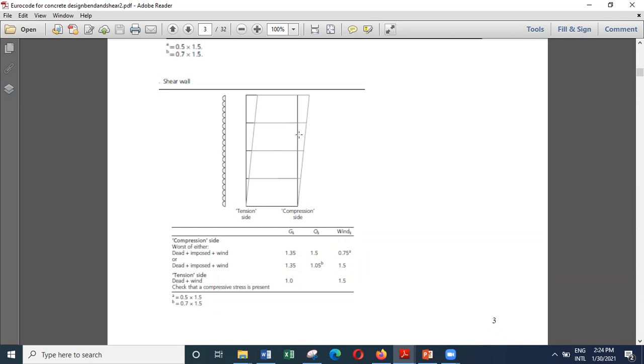Or the other option is wind is acting at full intensity. Vertical load is anyway there, that is the permanent load. But when it comes to the variable load, we allow a reduction. So you can see this particular case, we are considering the vertical loads are all at maximum. The wind load is 1.5 times 0.5.